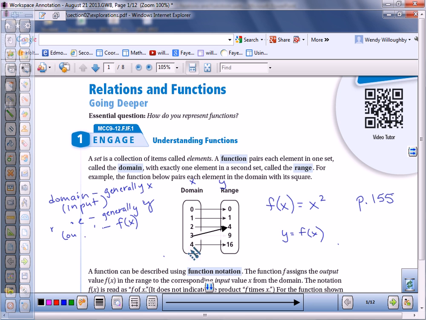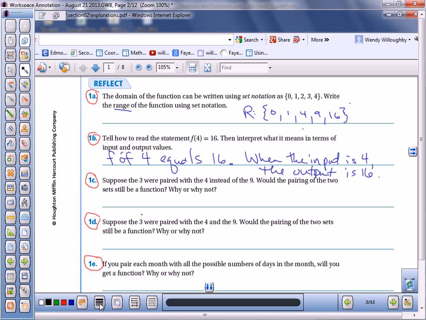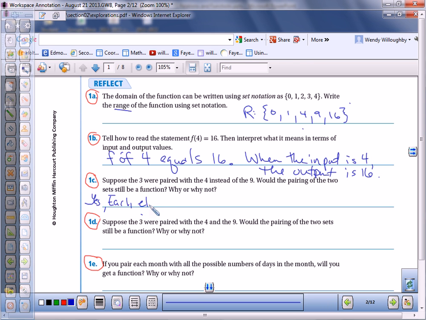Yes, it is, because each element of your domain is paired with only one element of the range. Each element of the domain is paired with exactly one element of the range.